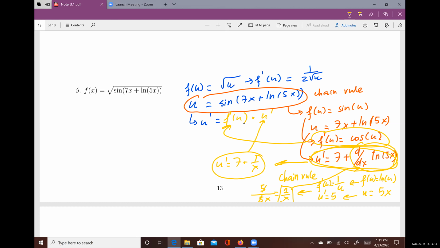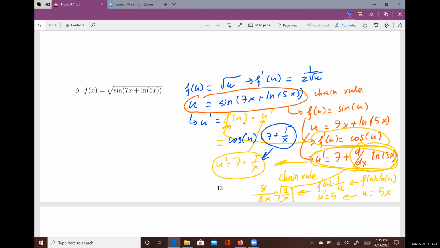So then you can have this answer for this u prime is cosine of u, right, times 7 plus 1 over x. Okay. And u, again, u in this case is sine of 7x plus natural log 5x.